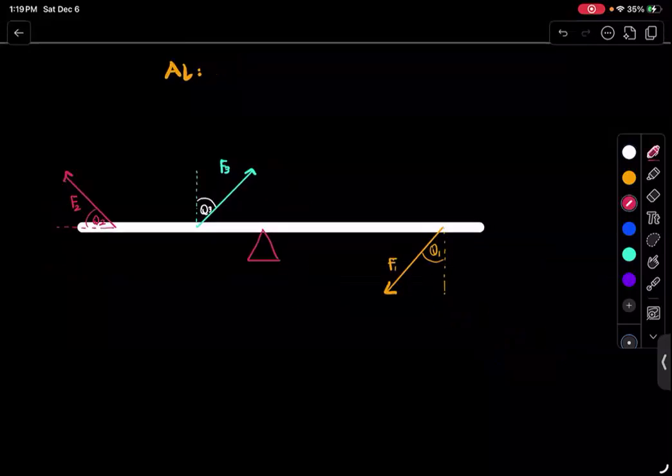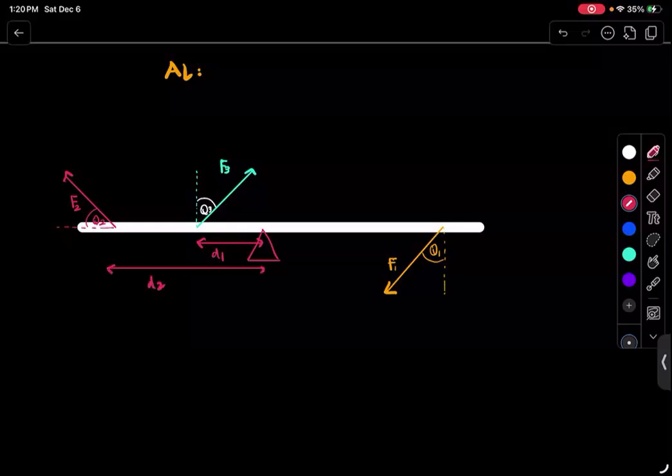So for example, let's say this is D1, then this is D2, and then this is D3.